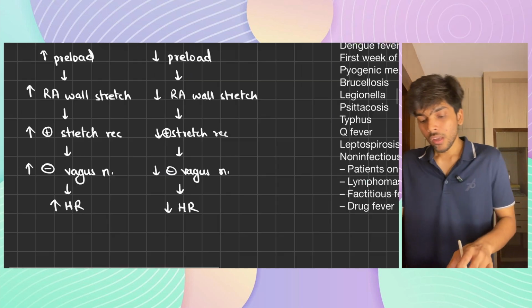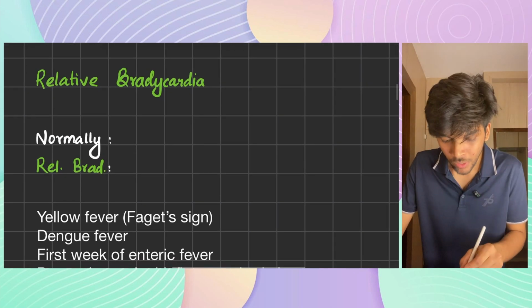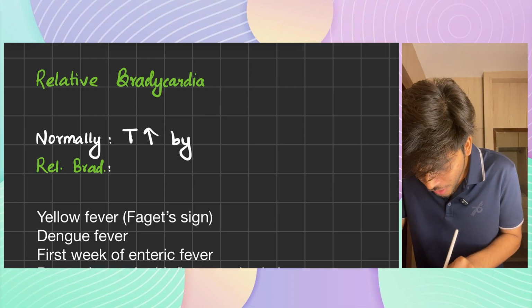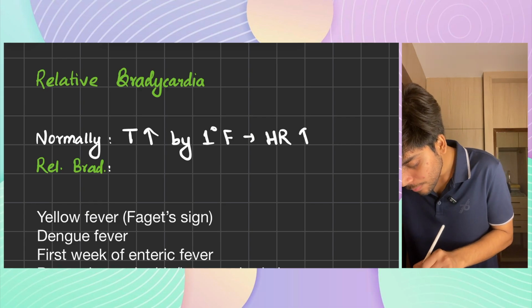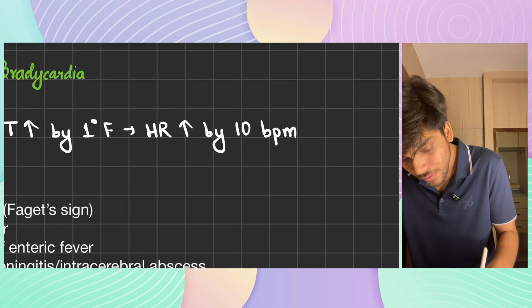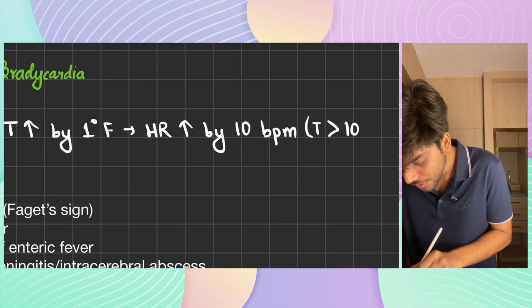Another concept is relative bradycardia. Normally, when the temperature increases by 1 degree Fahrenheit, your heart rate is supposed to increase by 10 beats per minute beyond the temperature of 102 degree Fahrenheit.